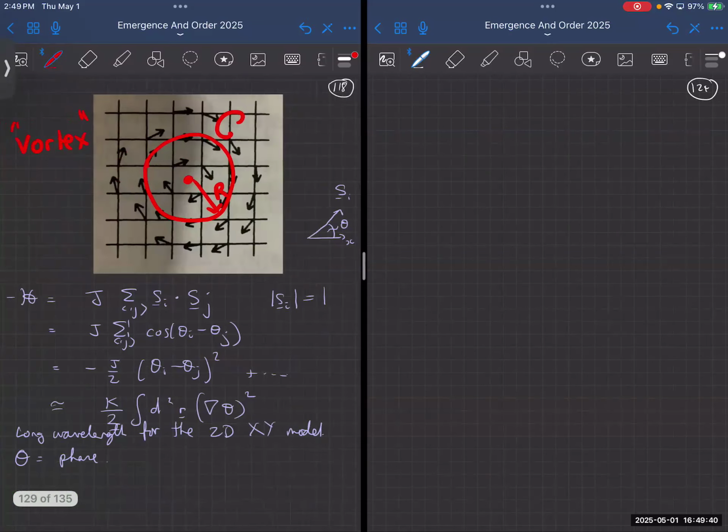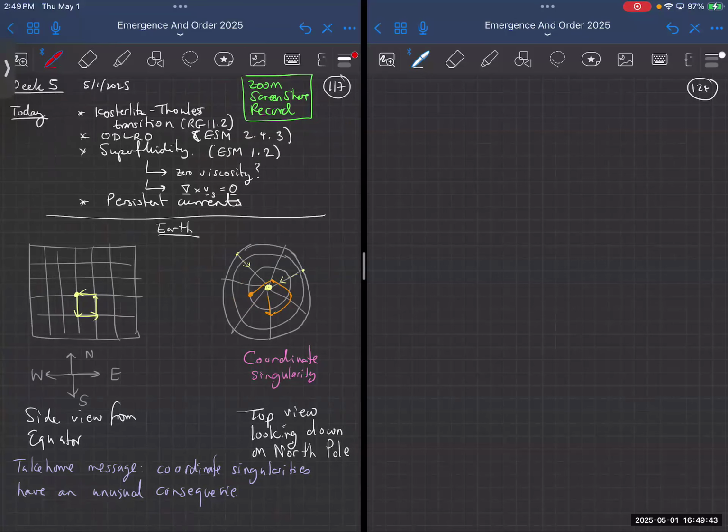Now I want to go and talk about a different thing. What I want to talk about now is less sensational consequences of ordering. So I want to talk about off-diagonal long-range order. And what I want to do is approach the topic of superfluidity.